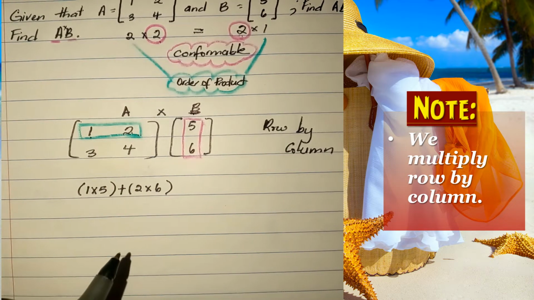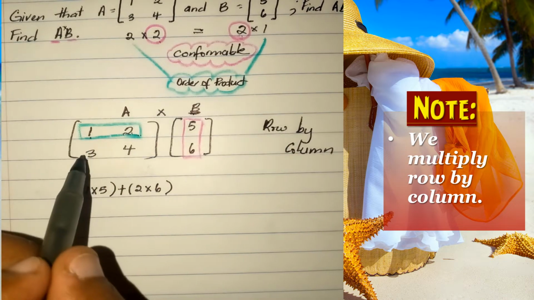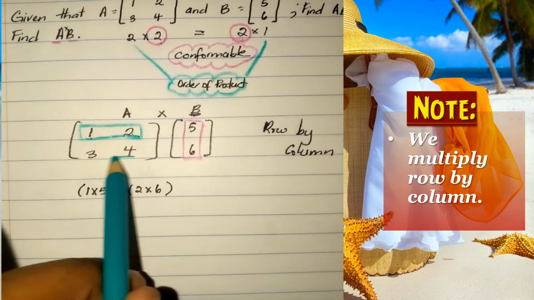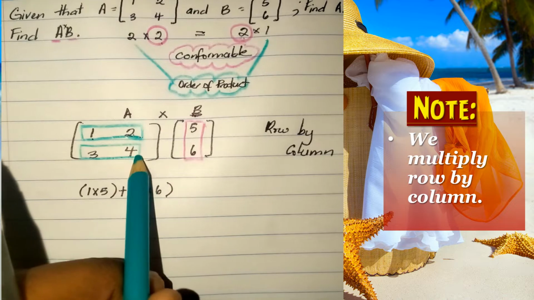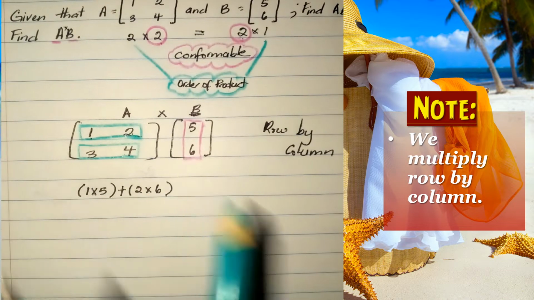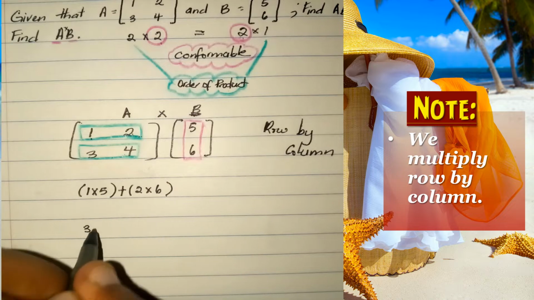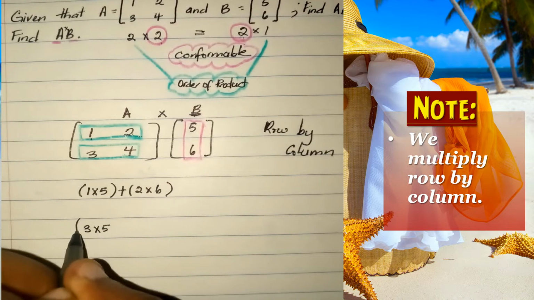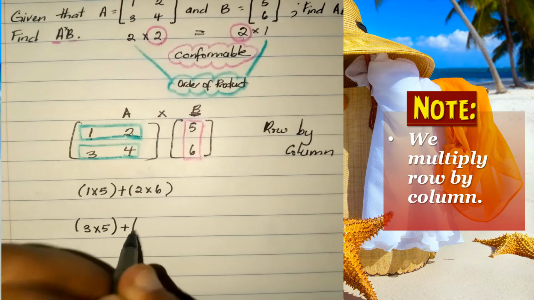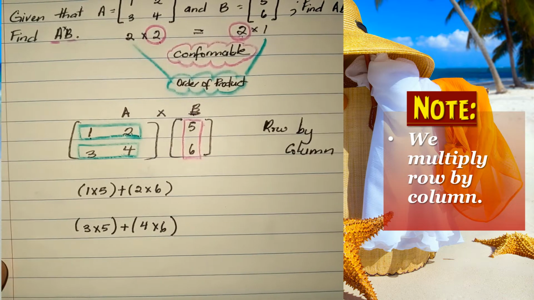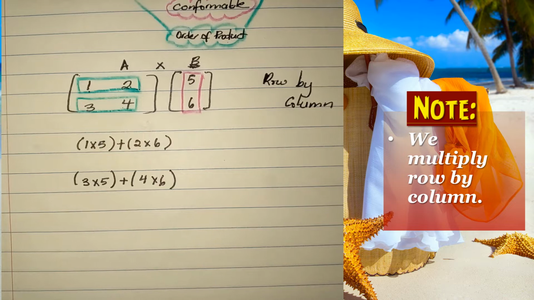So when I'm finished with that, I move on to the next row, which is this row, and I'm going by this column. So it's going to be 3 times 5 plus 4 times 6. I don't have anything else to multiply, so that's it.